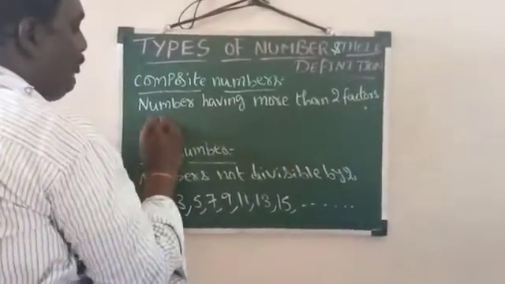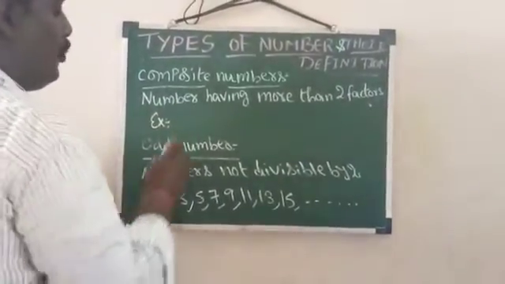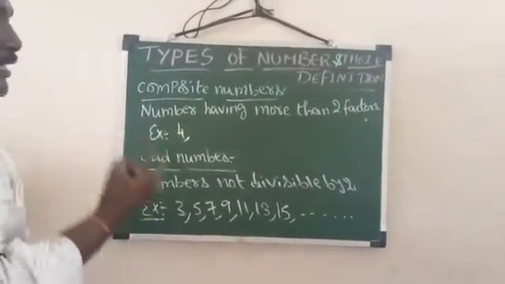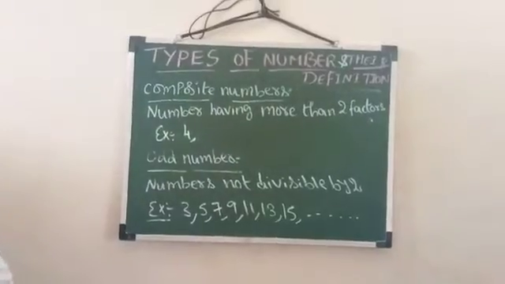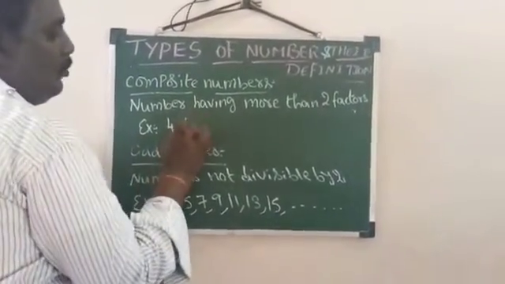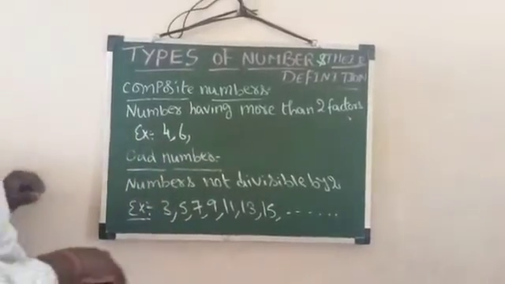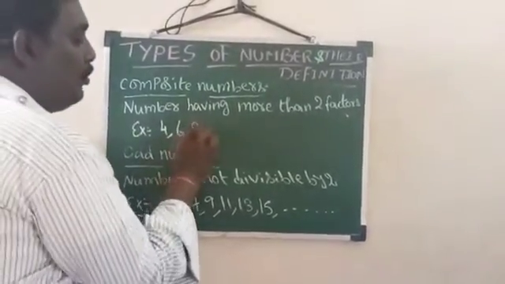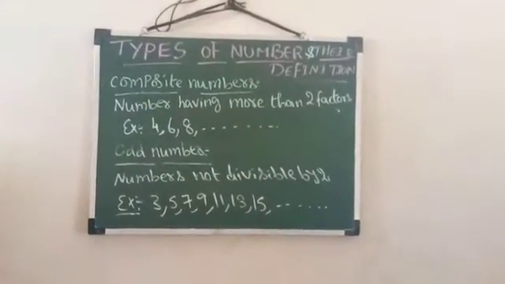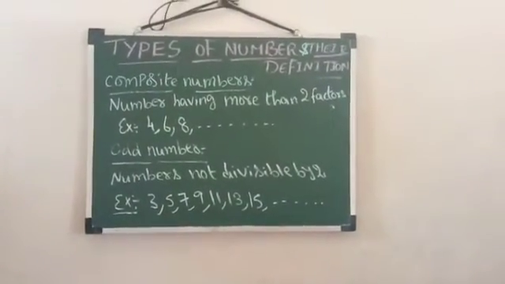For example, 4. How many factors does it have? 1, 2, 4. That means more than two factors. 6 has more than two factors. 7, no. 8 has more than two factors. Like that, we can give any number of examples of composite numbers.